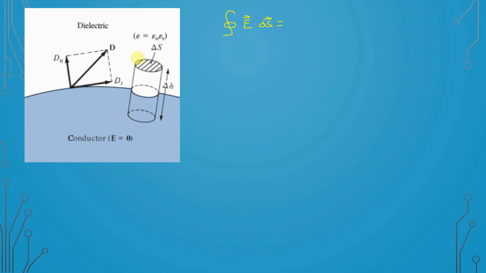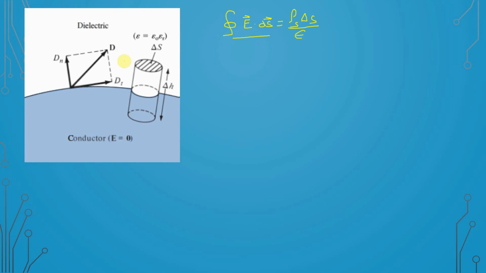So we can write E dot ds is equal to q by epsilon. So q is rho s delta s divided by epsilon, and this epsilon is equal to epsilon naught epsilon r. So what is this E dot ds?